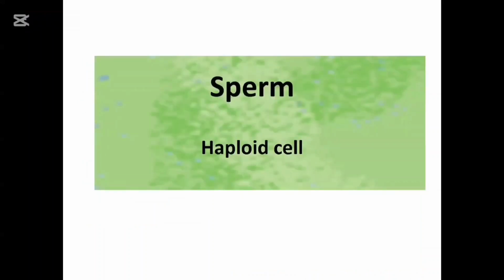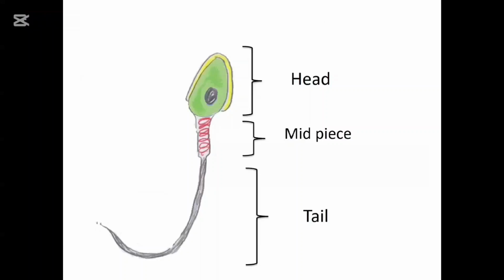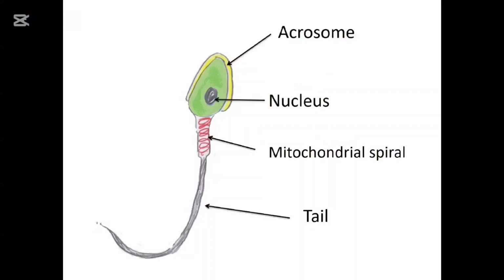The sperm. The sperm is the smallest cell in the body. It is a haploid cell, meaning it has half the number of chromosomes. It consists mainly of three parts: head, tail, and a midpiece in between. Here is the acrosome, the nucleus in the head, and the tail, and in between is the mitochondrial spiral.